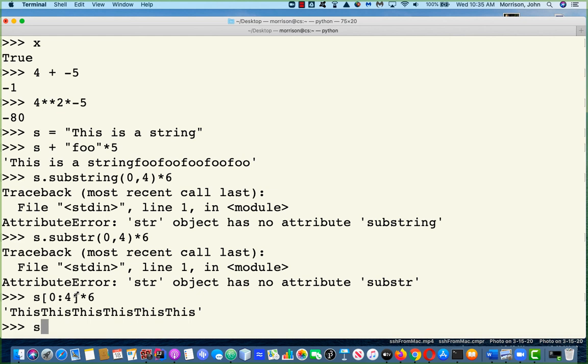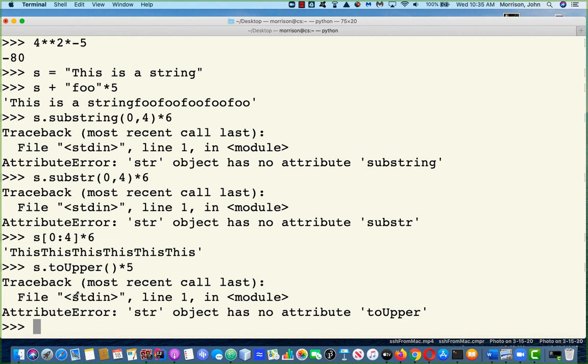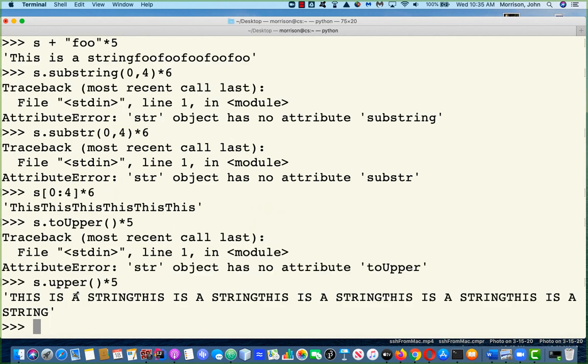Now let's try this. s dot upper, not to upper, times 5. This is Python after all. Yes.